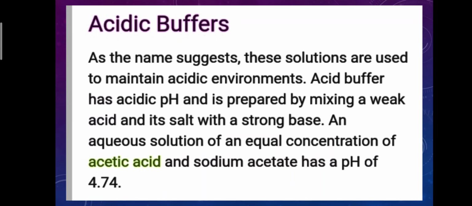Acidic buffers: as the name suggests, these solutions are used to maintain acidic environments. An acid buffer has an acidic pH and it is prepared by mixing a weak acid and its salt with a strong base.